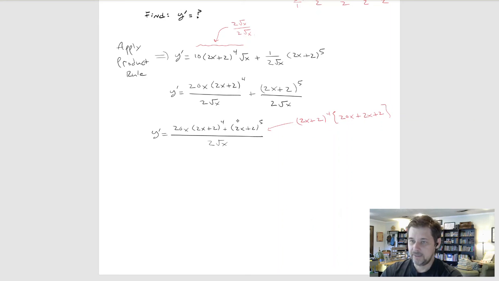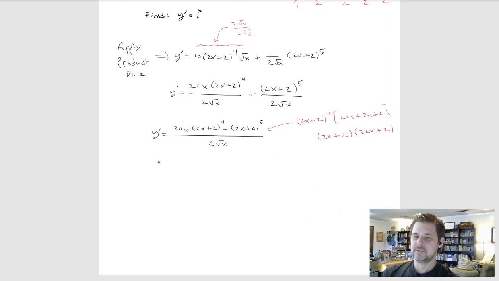So on the top, I factor this out. This is what's left when I'm done with that. And then with adding here 20x and 2x, I'll get 22x + 2. Okay, and then that part, that's reduced.